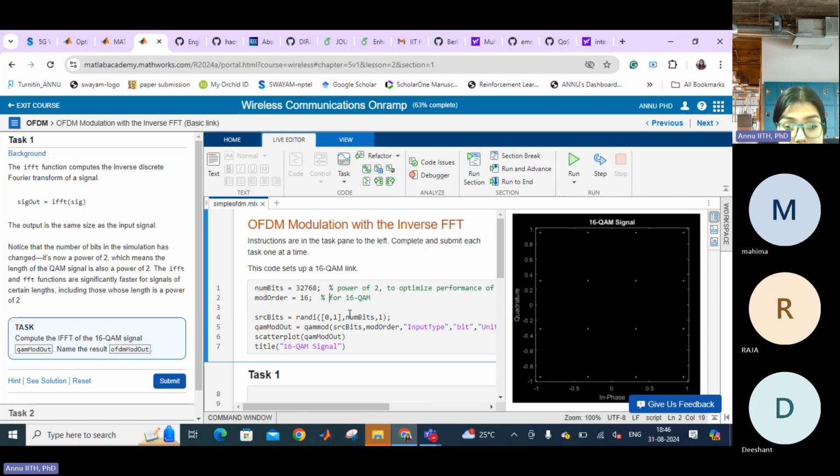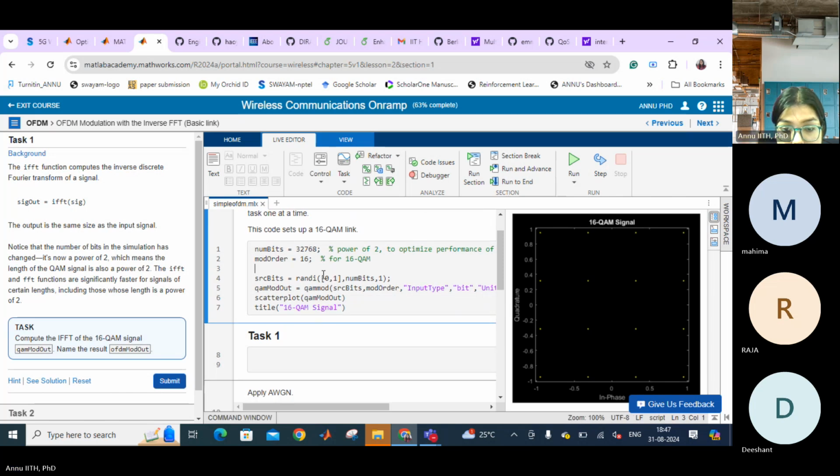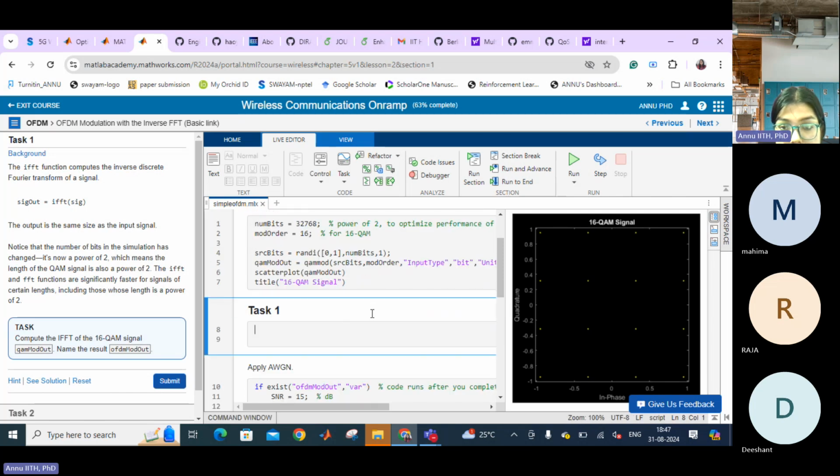The source bits are a randomized number of bits, 0 to 1. Then the QAM modulator, and after modulation we do the QAM scatter plot, a 16 QAM constellation with 16 symbols. Again, in 16 QAM symbols, one symbol has 4 bits.